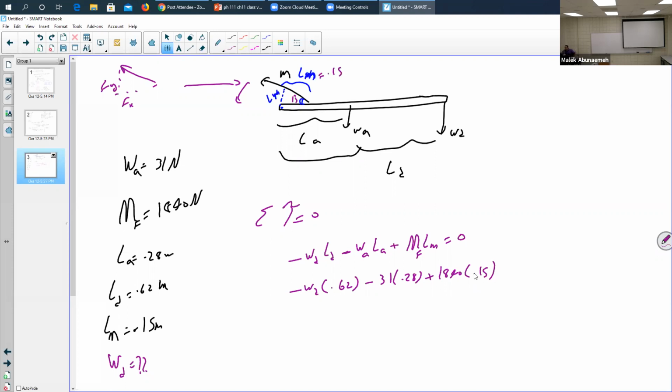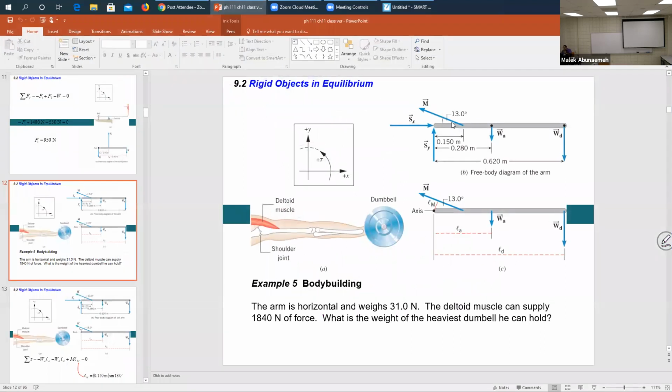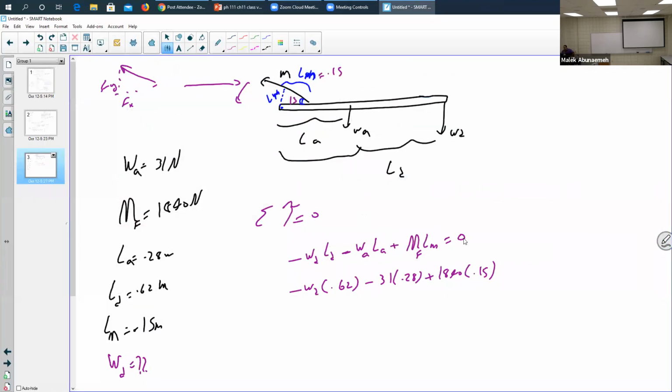We have a 13 degrees angle, so it'll be sine 13 degrees, because that's what we're trying to achieve.